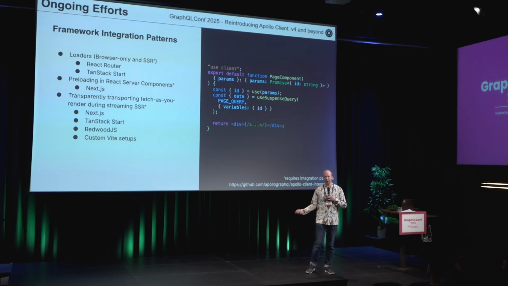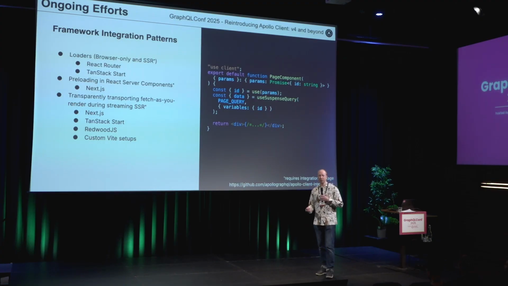Of course, there's that one more thing that people were hoping for, and that's using suspense only in the browser, and it magically works on the server. So if I have a useSuspenseQuery hook call in my client component, we actually have an implementation for transparently transporting that stuff over.